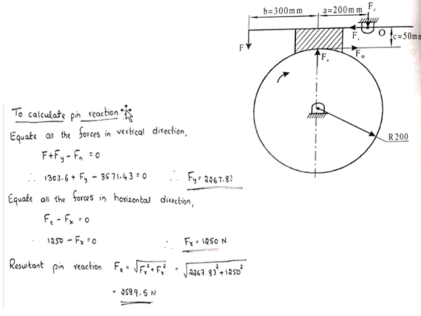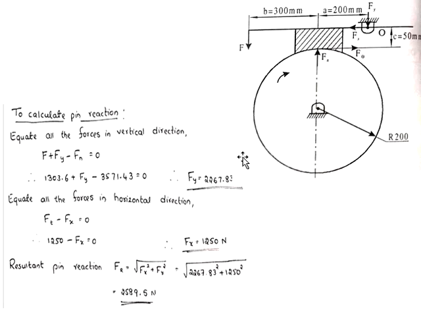To calculate pin reaction, first equate all the forces in vertical direction. The forces acting in vertical directions are Fn, F and Fy. F value is known, Fn value is also known, Fy is unknown. So you can consider this step: F plus Fy minus Fn is equal to 0.